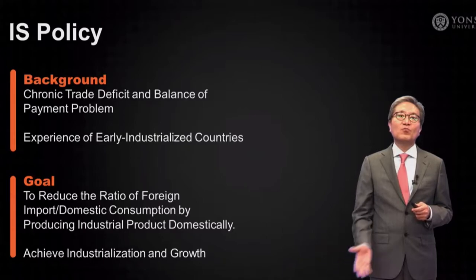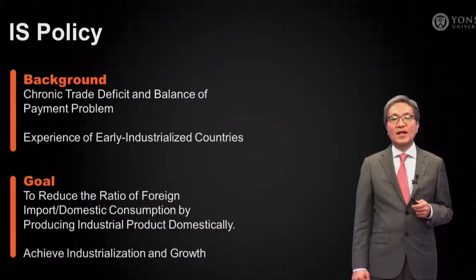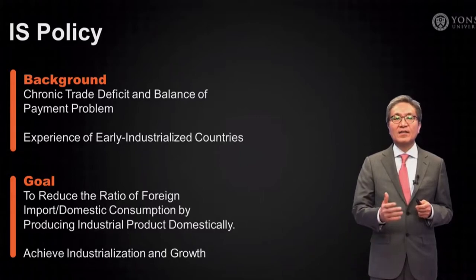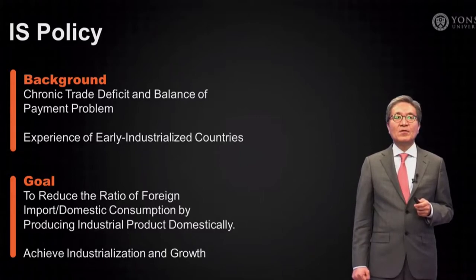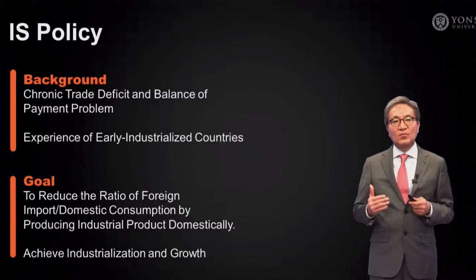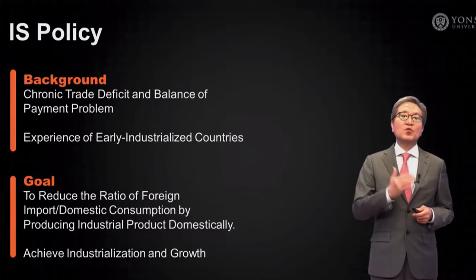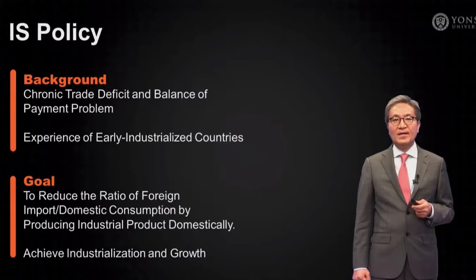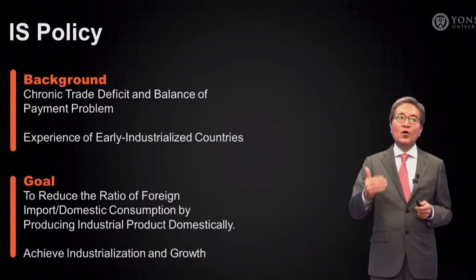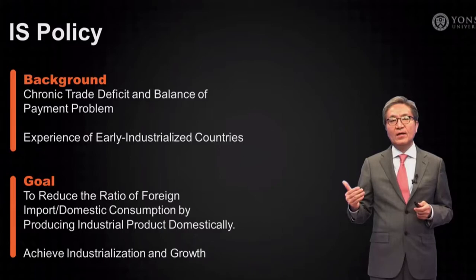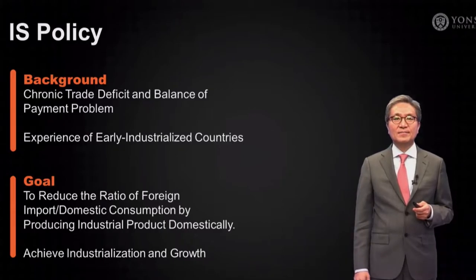And this was one way to achieve industrialization and growth. And this was exactly what many other early industrialized countries experienced in the 19th century. So the goal was clear. Instead of importing something from a foreign country, let's produce it domestically and replace foreign imports with domestic production.